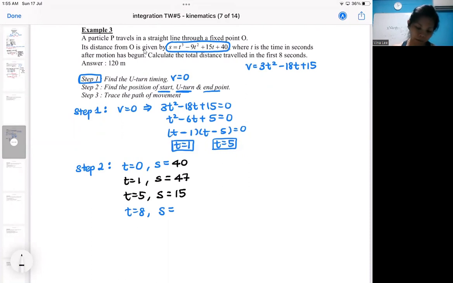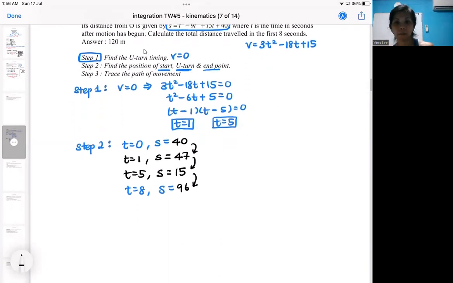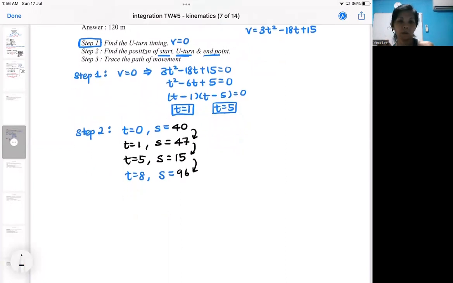Just make sure you punch carefully. So these are the locations. They move in order of timing. At t equal to 0, we start with position 40, and we move to position 47, and we start to reverse. So this is the second step.